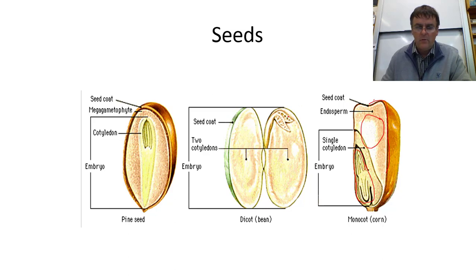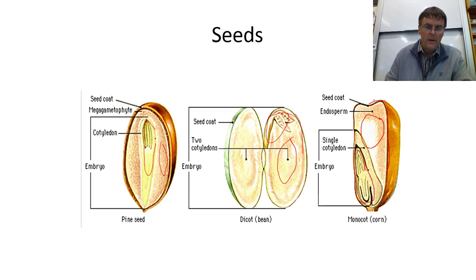Here's your dicotyledon one. It's got the outside, the food store, and a plant baby in there. And here is your pine one, your gymnosperm seed. It's got the coat around the outside, the food store here, and the baby inside it.